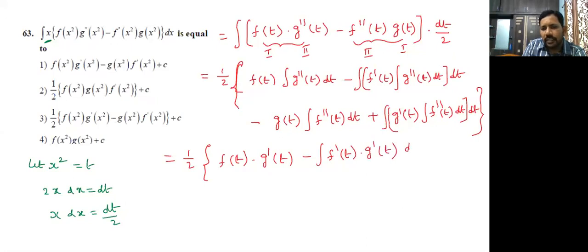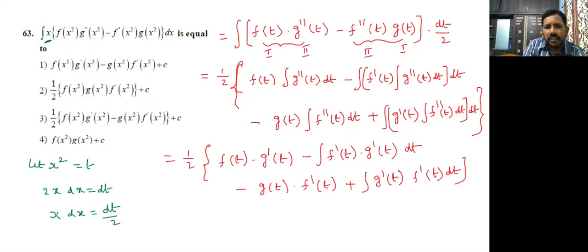This is the first one. Now the second one: g of t integration f double dash of t is f dash of t, plus. Why did we get plus here? Minus into minus plus, integration g dash of t integration f double dash of t, that is f dash of t dt.